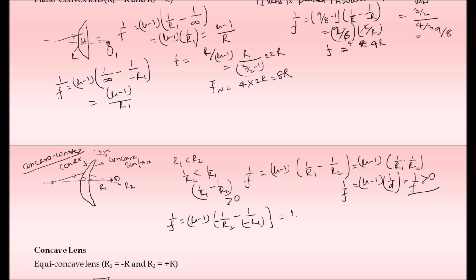So we get (mu minus 1) into (1 by r1 minus 1 by r2). So it's the same as the previous case. So wherever the object is placed, on the convex side or on the concave side, the result becomes the same if we apply the lens maker's formula.